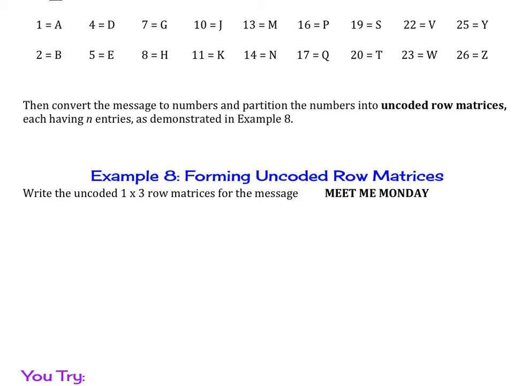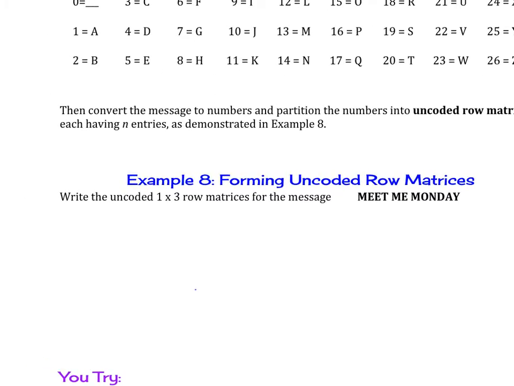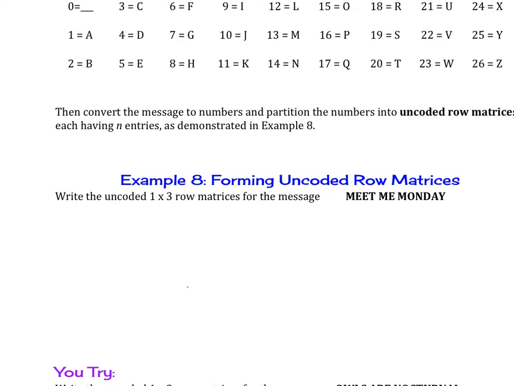So what we want to do is partition it. It says 1x3, so it tells us how it wants it done. This is really nice when you have a grid, because in your notebook with your graphing paper, it's nice to write a letter in each box. So we're going to do threes.